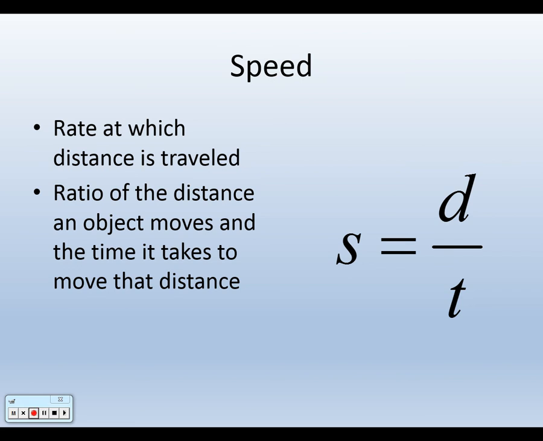Distance is a length. What is the SI unit that we use to measure length? Meters. Time is time. We use seconds, so the unit that we use to measure speed is meters over seconds, or meters per second. Meters per second is a derived unit, right?